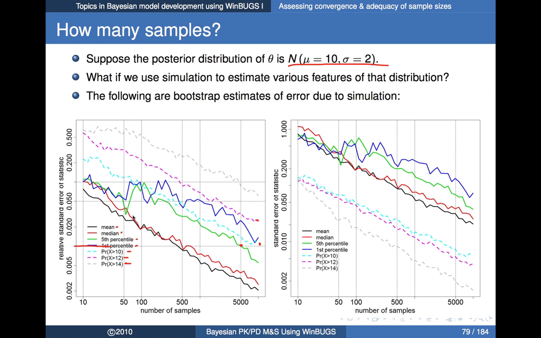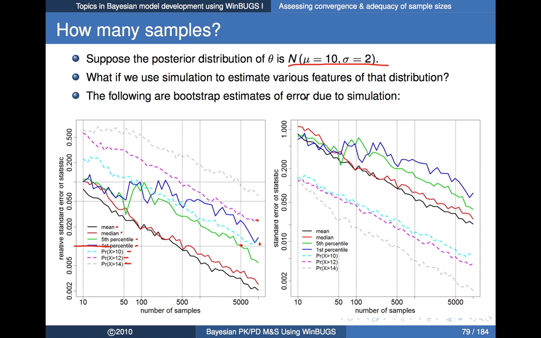So the sample mean that we get here would be an estimator of our true mean mu here. Median, I guess, is also that in this case, since this is a symmetric distribution. And again, the 5th percentile of our samples would be an estimator of the 5th percentile of this normal distribution, and so on.